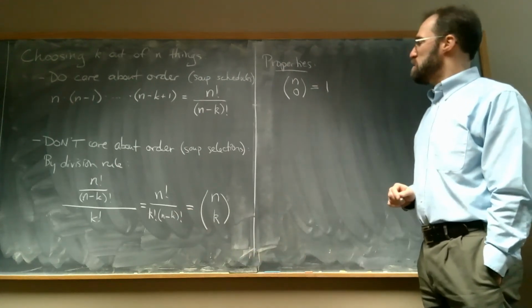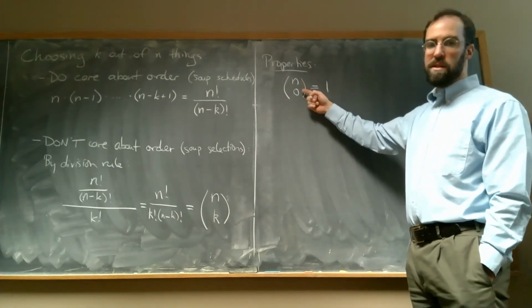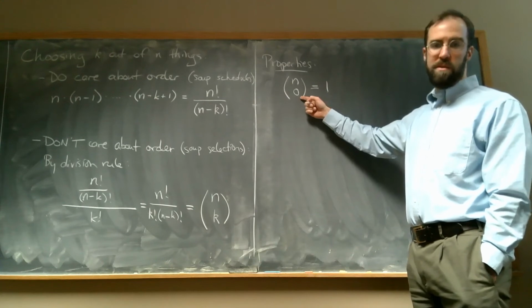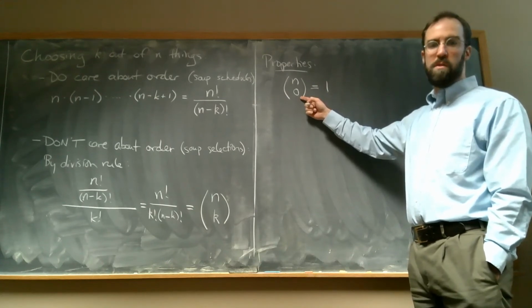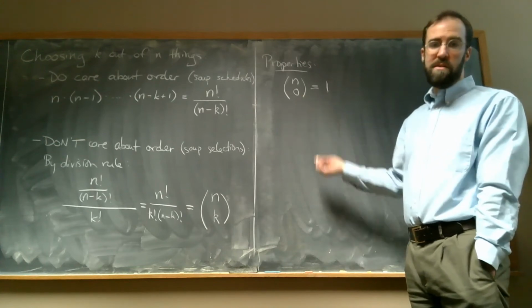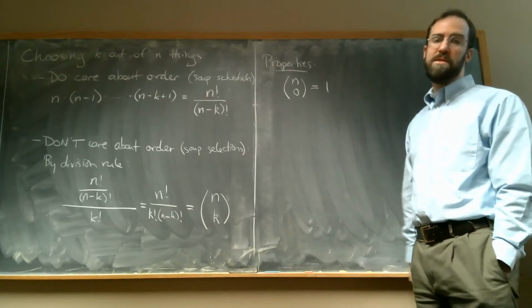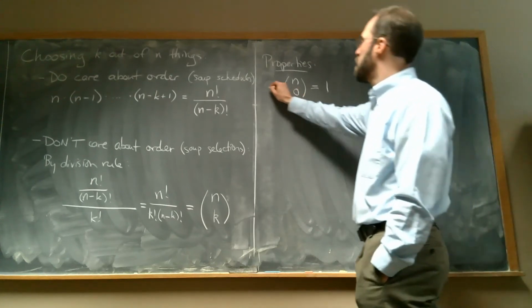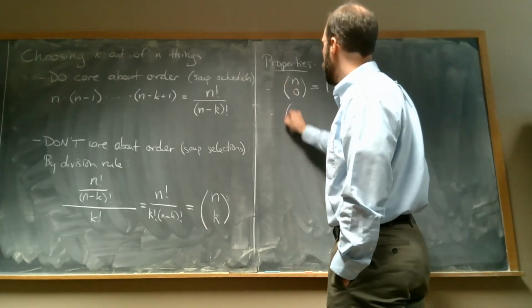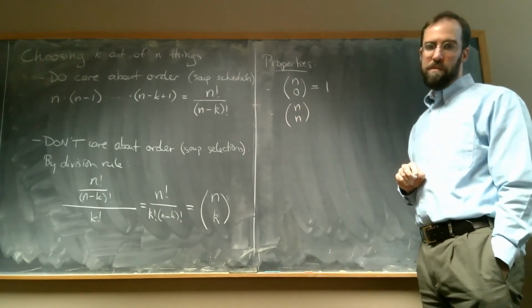And this makes sense combinatorially. This is saying if I have n things and I choose none of them, there's only one way for me to do that. Right? There's not 0, because I can very well choose none. That's a valid thing I can do, and so I have one way to do that. So that makes sense. Here's another thing. What about n choose n?